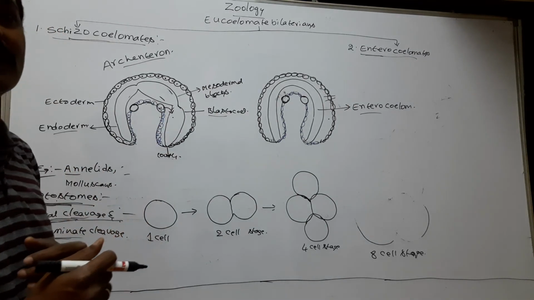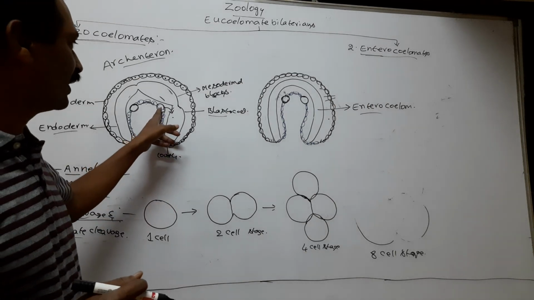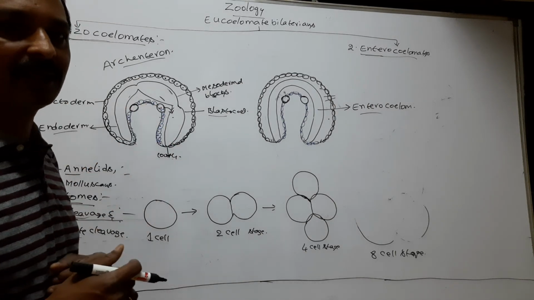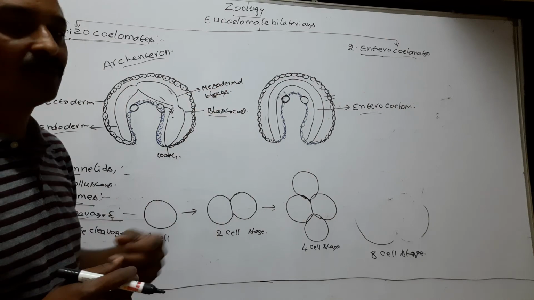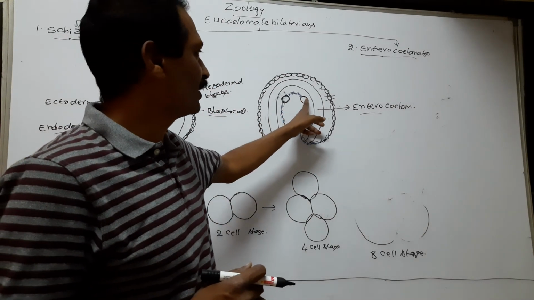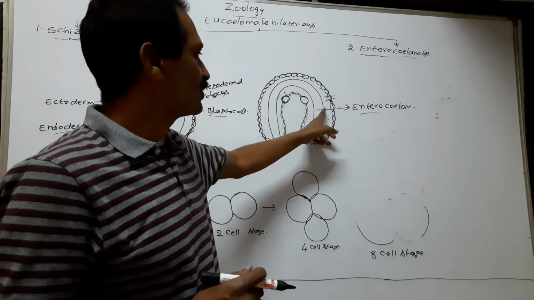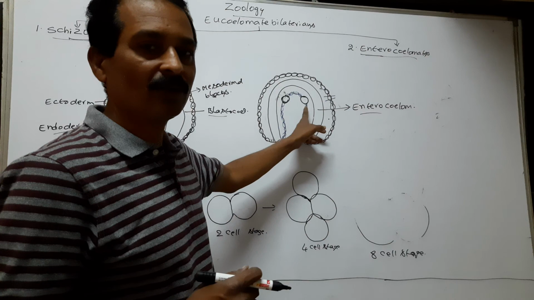Archenteron is the initial or primary gut or alimentary canal of the enterocoelomates. Mesodermal pouches are formed from the archenteron. These are released into the blastocoel between ectoderm and endoderm.